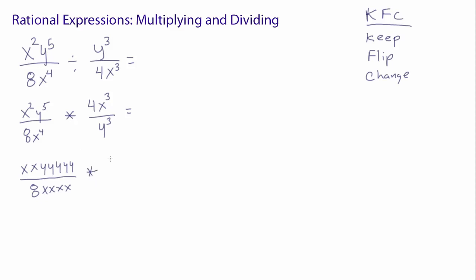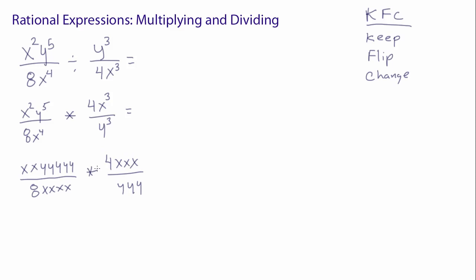Multiply by 4 times, how many factors of x cubed do I have? I have 3 of them, divided by 3 factors of y. This is just to make it more visual for certain people that can't reduce variables.